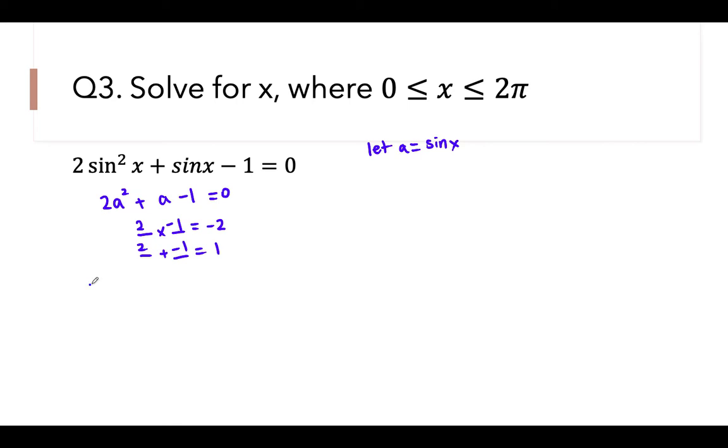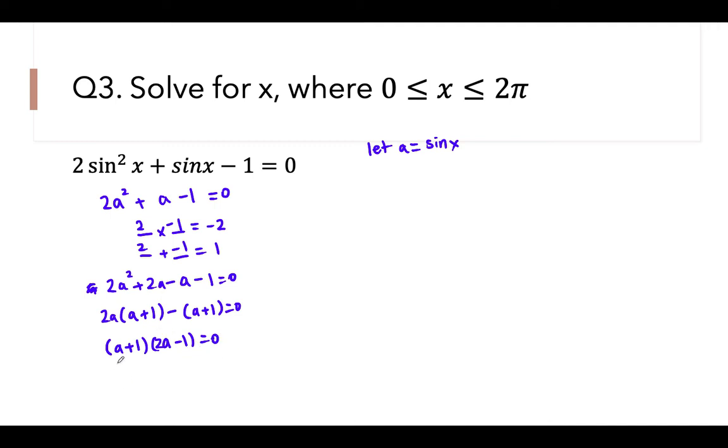So let's factor using decomposition: 2a squared plus 2a minus a minus 1 equals 0. Okay, 1 equal sign. And I'm going to common factor the first two, 2a, so it's a plus 1. And then I'm going to factor negative, so it's a plus 1 equals 0. Therefore, (a plus 1)(2a minus 1) is equal to 0.